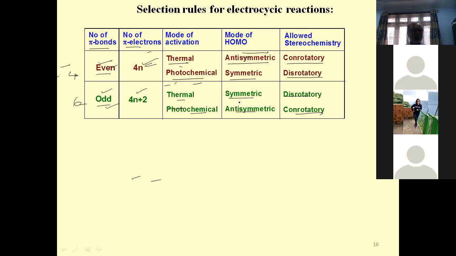Now, can you remember this? Only two things. One is the rotation of the terminal orbital that is required of the HOMO. We have to know which one is the HOMO and see what the rotation is. If it is symmetric, we will have this rotation.